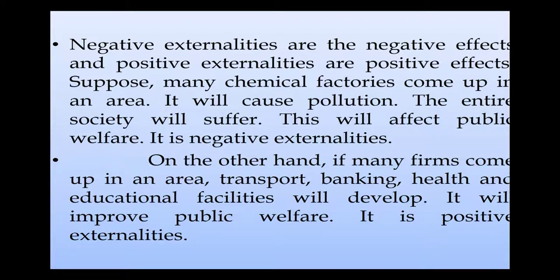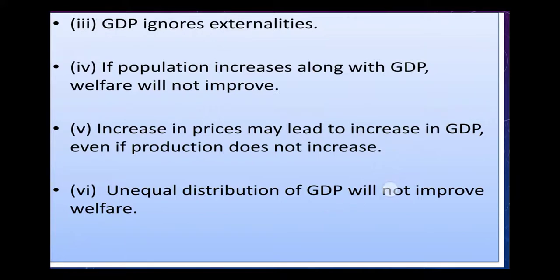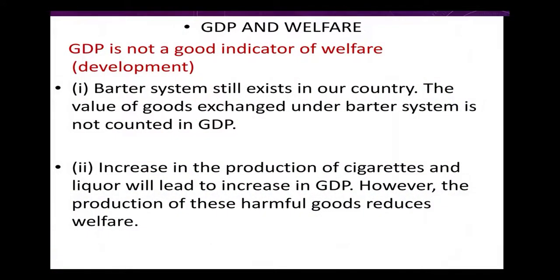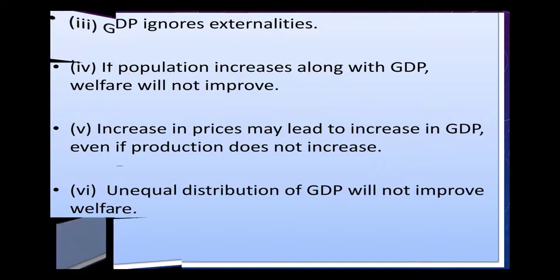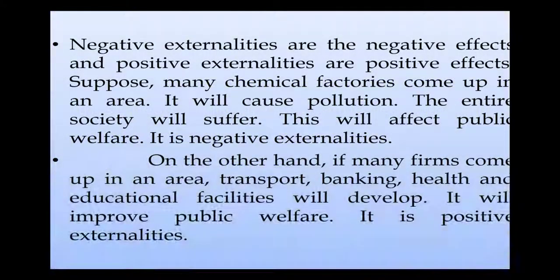So all these are the reasons why we can say that with the increase of GDP, our welfare is not increasing. Especially in underdeveloped countries, there are so many reasons why, with the increase in GDP, our poor people are not affected by it.